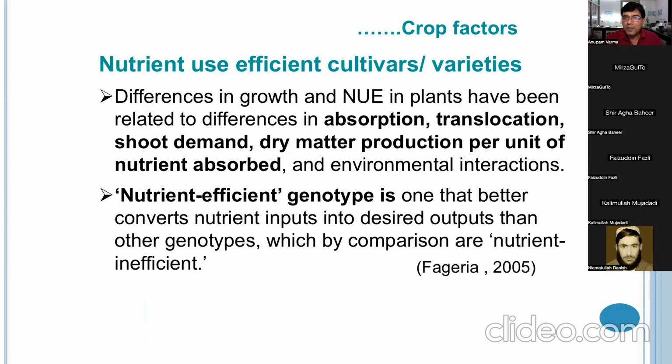The second important point is rhizodeposition. Rhizodeposition means root exudation. Plant roots also release some compounds into the soil, and those compounds can solubilize insoluble nutrients. Suppose iron: some genotypes may be iron use efficient.